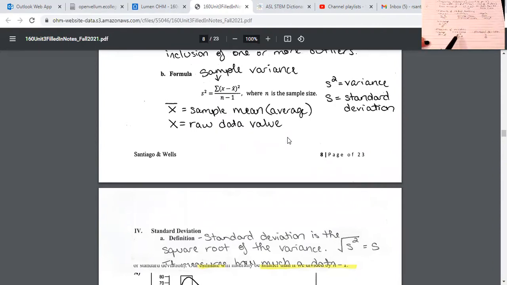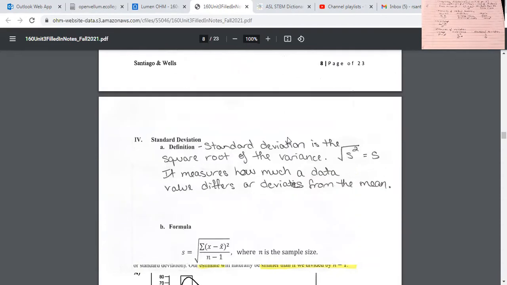We understand that if we wanted the standard deviation, but all we had was the variance, we would have to take the square root of the variance to get the standard deviation. Or if you had the standard deviation and you want the variance, you simply square your standard deviation to get the variance. That's the relationship between those particular values.